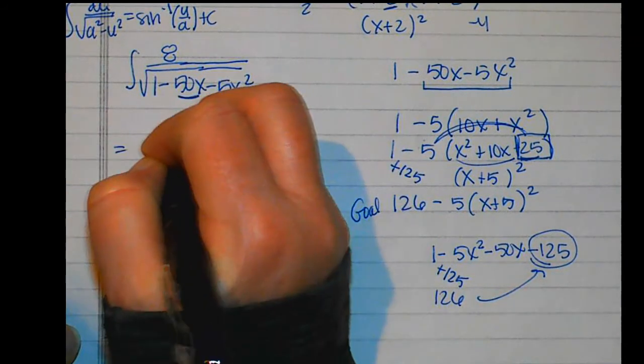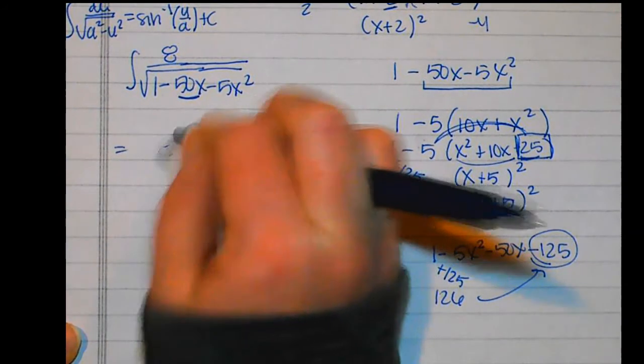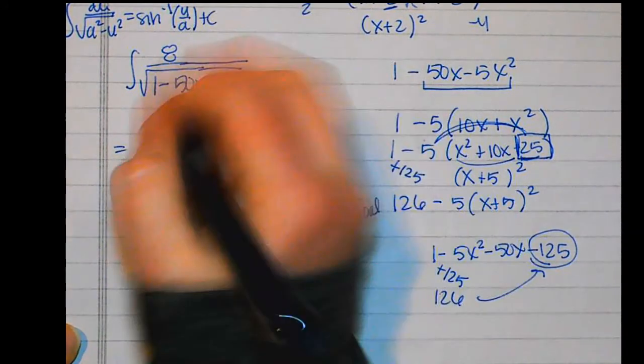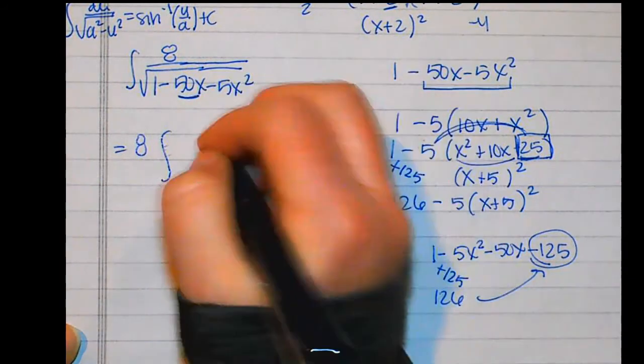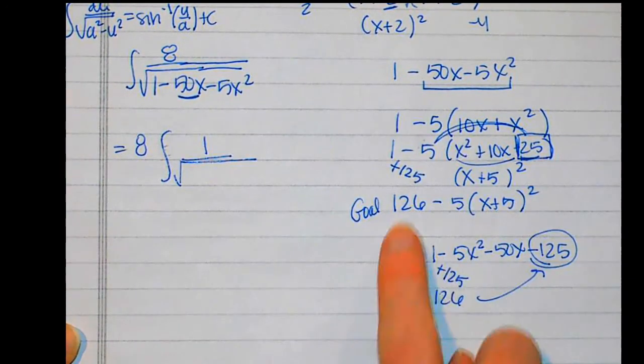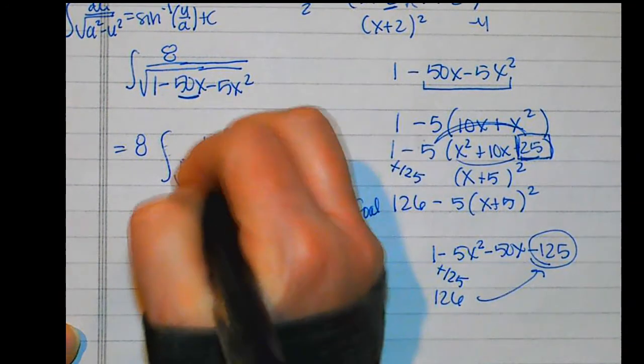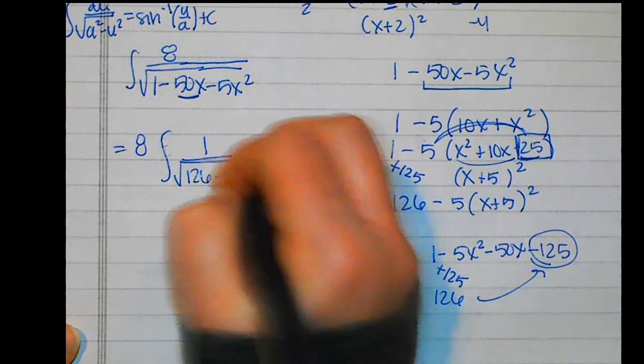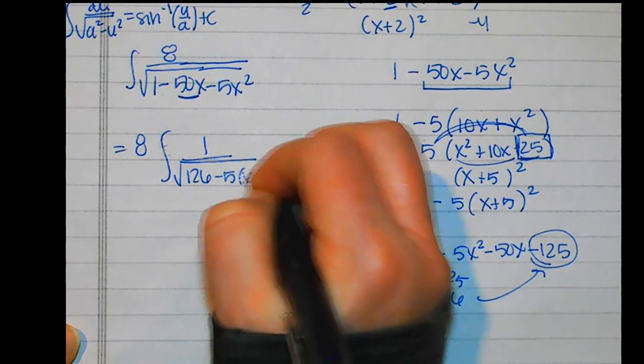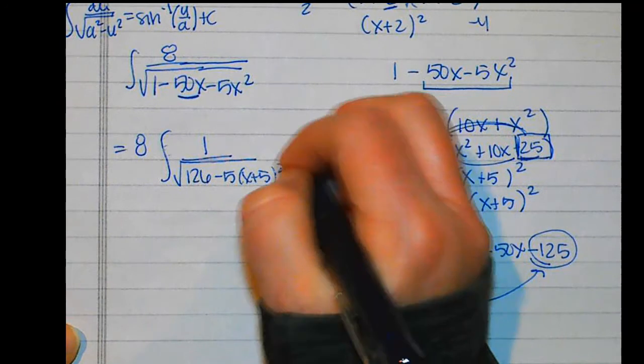I'm going to write it as 8, or I could take the 8 to the outside. Are y'all good with that? If I multiply 8 times the integral of 1 over the square root of this, okay, this was all in the square root, so 126 minus 5 times x plus 5 squared dx.